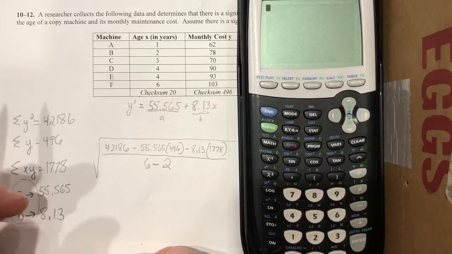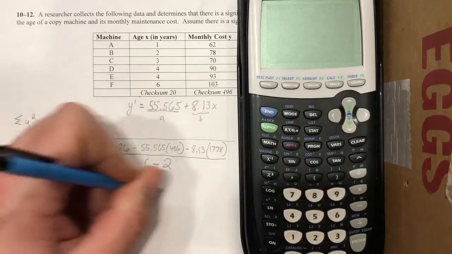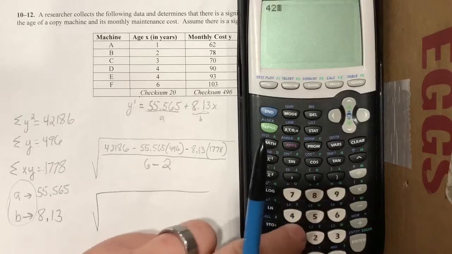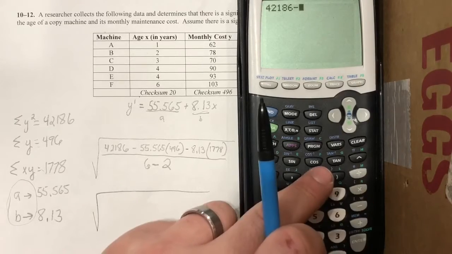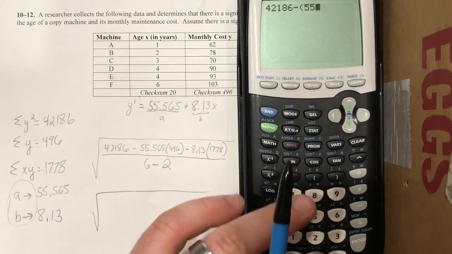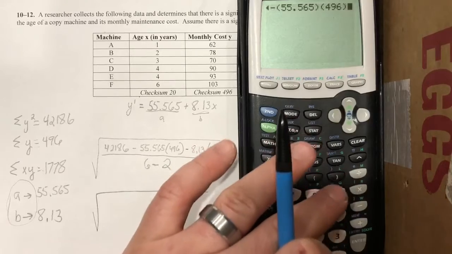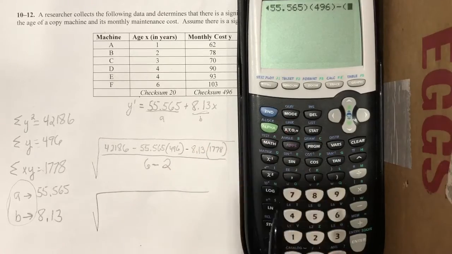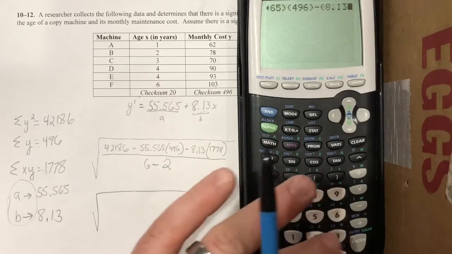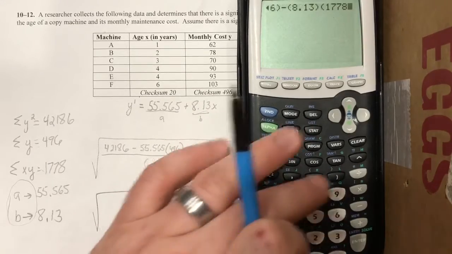Just to show you what that would look like in your calculator: 42186 minus, make sure you put these both in parentheses, 55.565 and 496. Then you minus again, put these in parentheses, the 8.13 and the 1778.